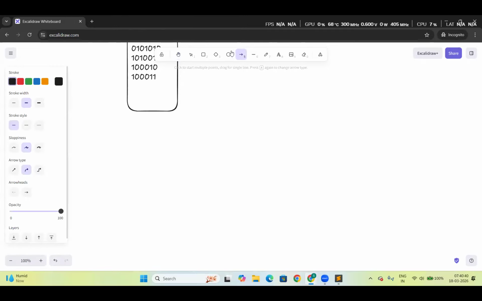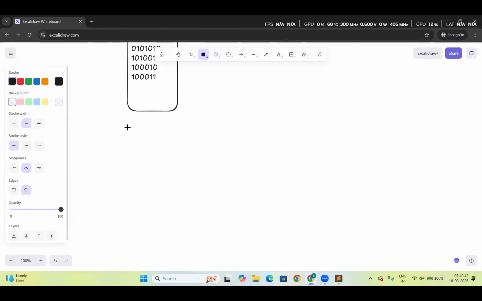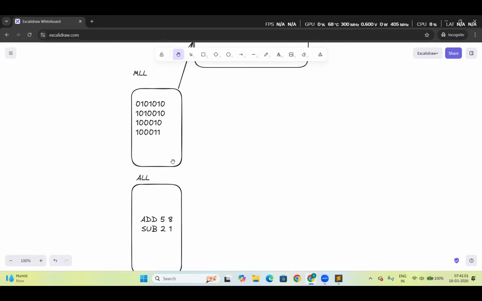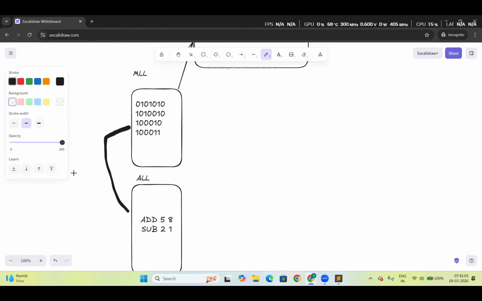Now, as I've told you, we are in the era of ALL, that is assembly level language. If you are from an EC background, I'm sure some of you must have done these mnemonics once in your lifetime, right? Clear? Now, what does it do internally? What does assembly level language do? It compiles the code into the machine language.